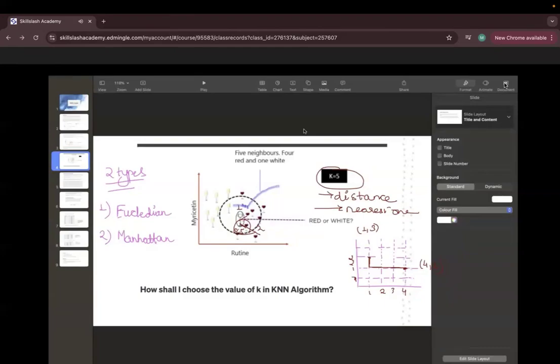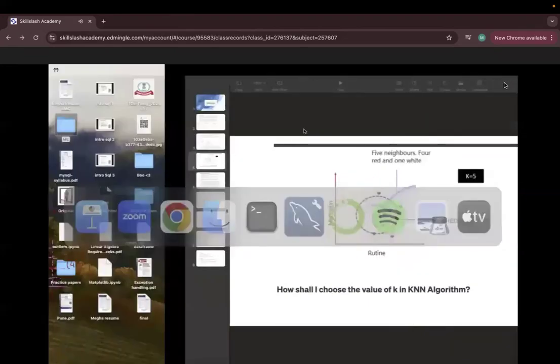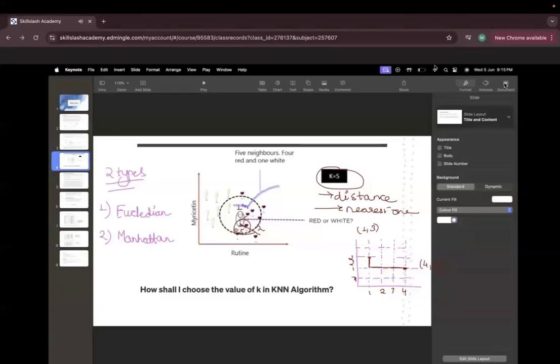Okay, so let me show you one more thing: how to identify the value of k. This is the last topic for today, okay? The discussion of how it actually works and how it is expensive, we'll do that tomorrow, because I can see it is too much for one day. Now we're going to find the value of k.